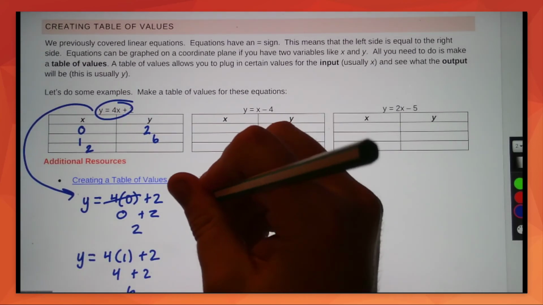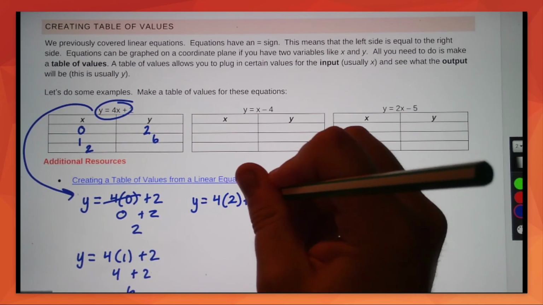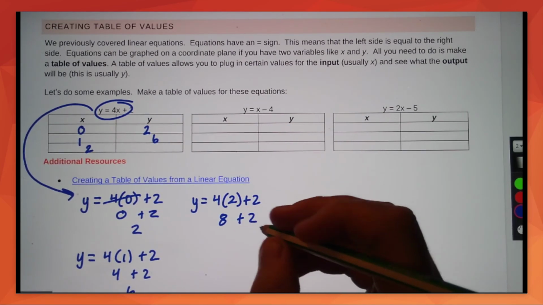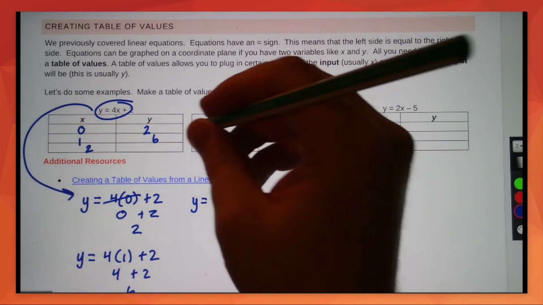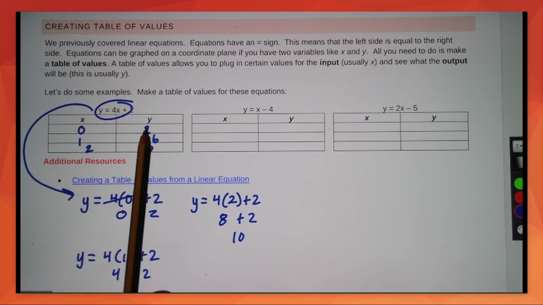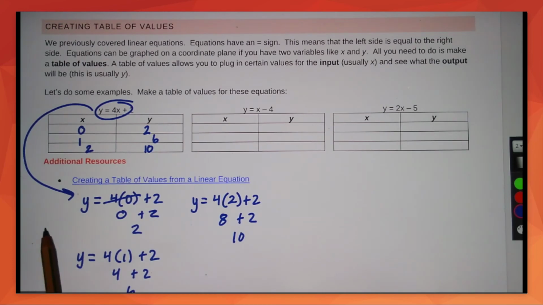So that would be y equals 4 times 2 plus 2. 4 times 2 is 8, and then 8 plus 2 is 10. So your output here would be 10. When x is 0, y is 2. When x is 1, y is 6. When x is 2, y is 10.